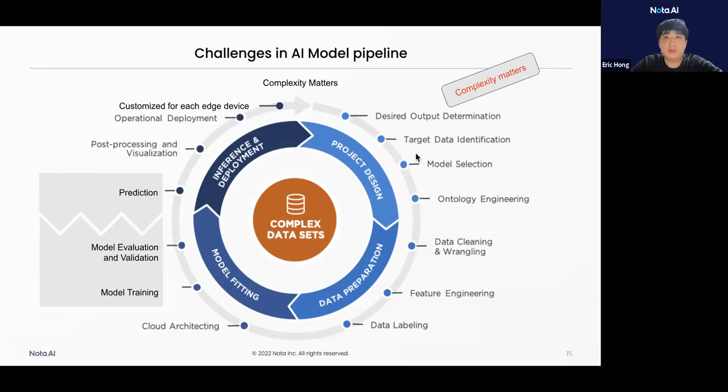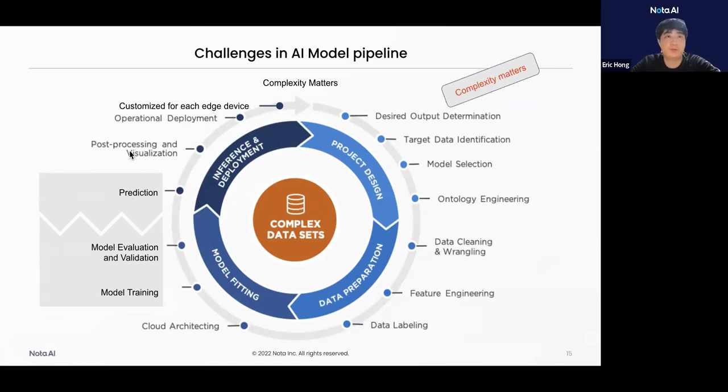Desired output determination, target identification, model selection, data set management, collecting data sets, labeling, data cleaning, feature engineering, cloud architecting, and then model training, evaluation, and prediction. You may already know that these three parts, training, evaluation, prediction, are just a very small part of the very long pipeline.